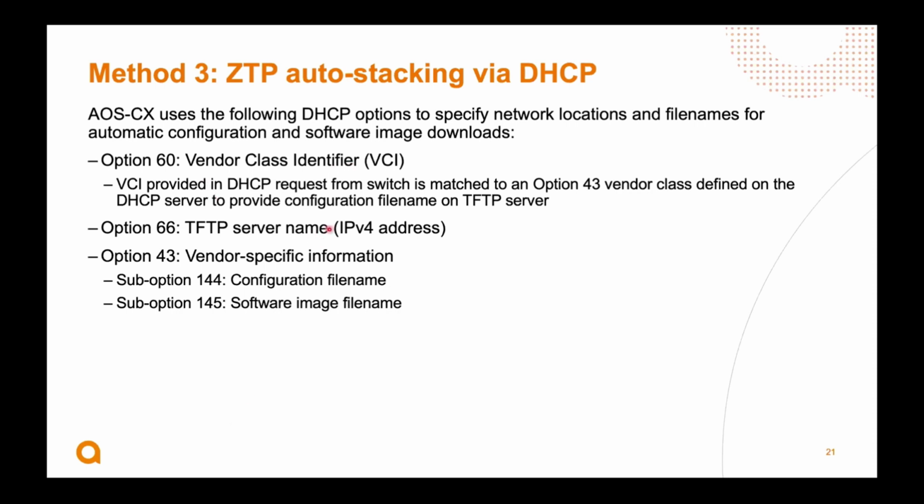So option 60, option 43 is the vendor specific with sub-option 144 and 145, and these file names correspond to files that are stored on the TFTP server that is specified by IPv4 address in option 66. So option 60 provided by the switch, option 66 and 43 with sub-options are defined on the TFTP server.